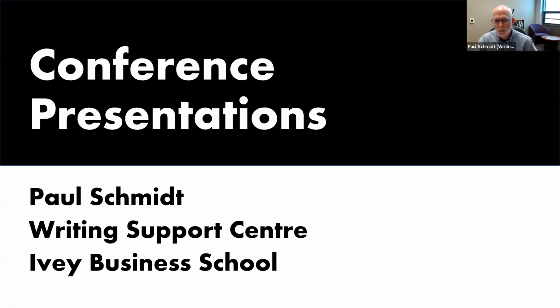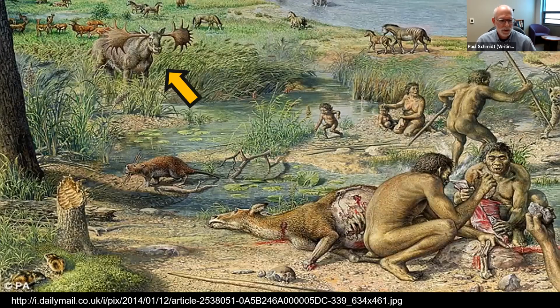I'd like to begin by showing a depiction of early humans enjoying a meal together. Now, these early humans had to be extremely vigilant. Why? Because there were constant threats to their safety. As you can see, there is a mosasaur ready to attack them, a tangible threat to their existence.